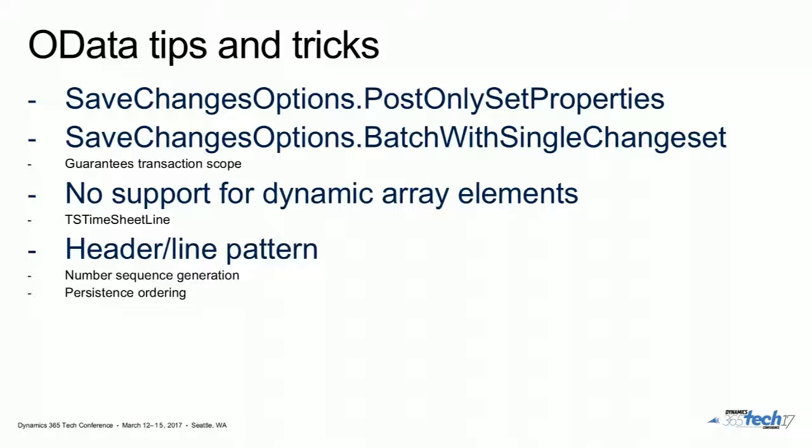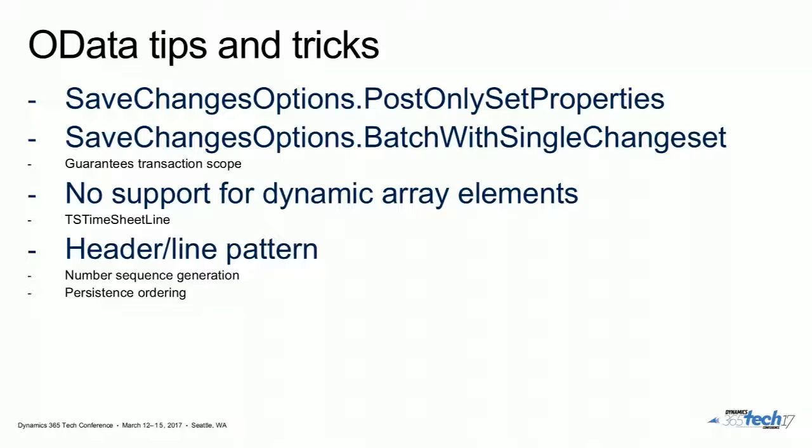And the last thing here is the header and line pattern. As I said, right now, if you're doing any of the OData calls in a header and line scenario, in terms of number sequence, the examples that we had previously put out there are based on you sending the sales order number or any document number. We can also generate the number sequence.